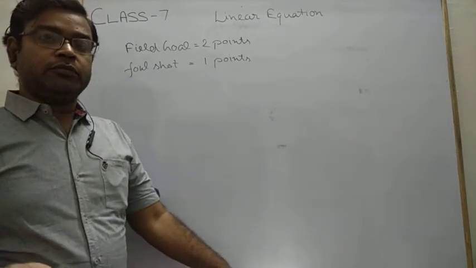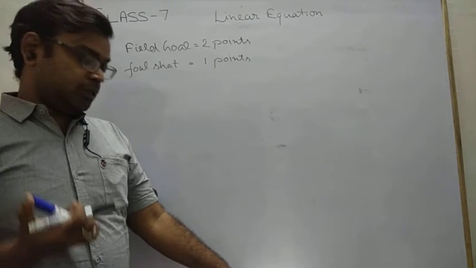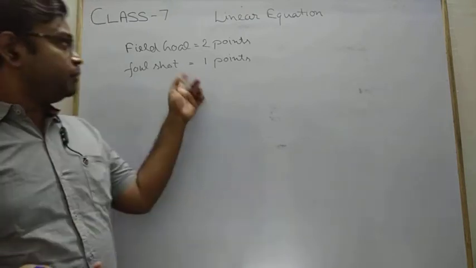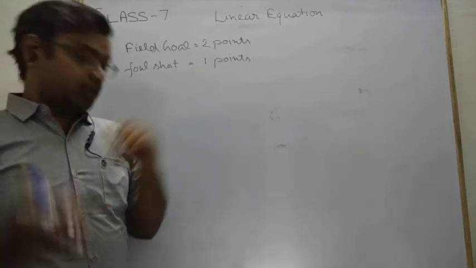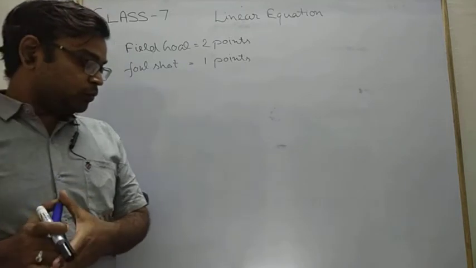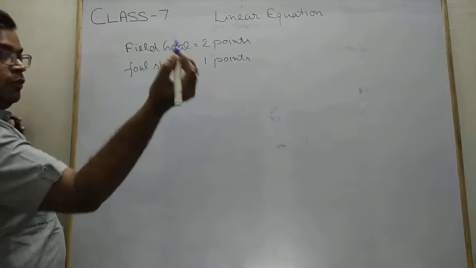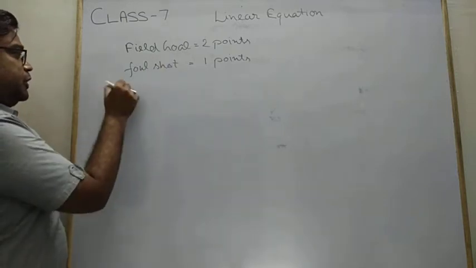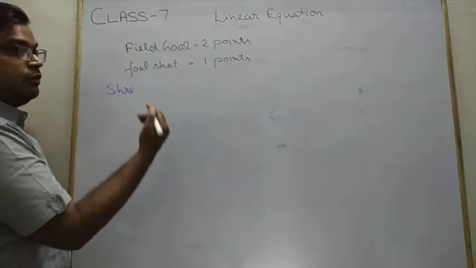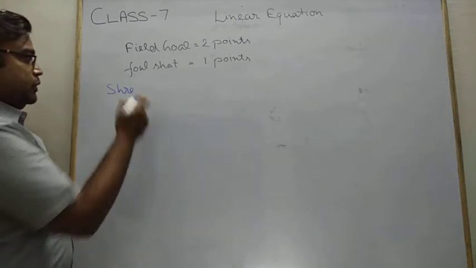Now, next after the rule, this is the condition part. Shreyans scored 4 points in a game. I am writing with blue ink so that you can easily distinguish between what is given, what is the condition part, and what is the solution part.